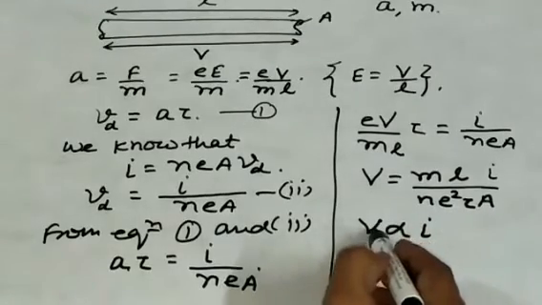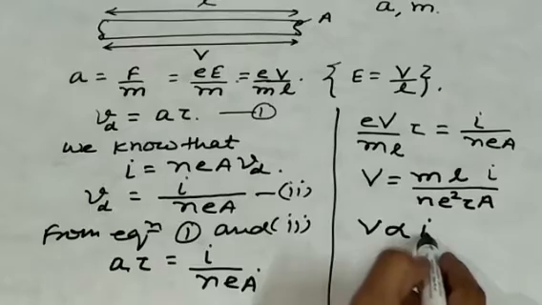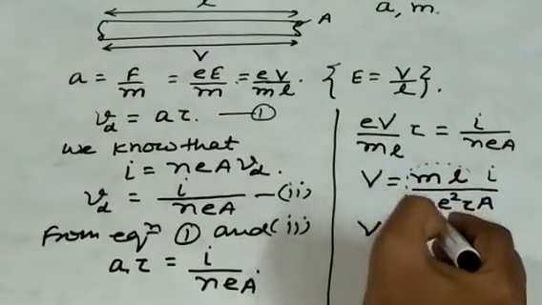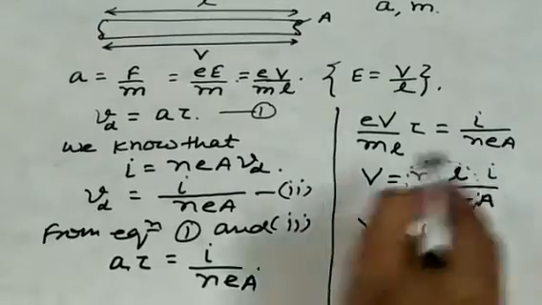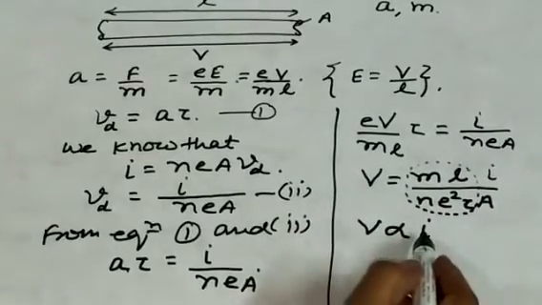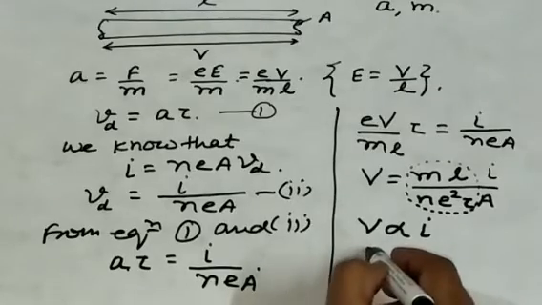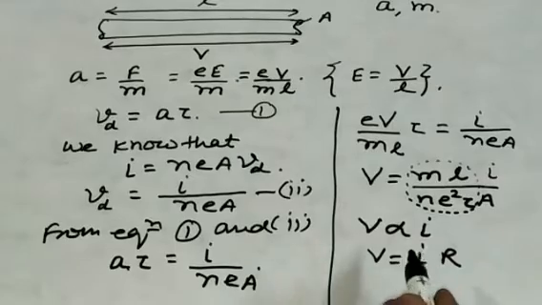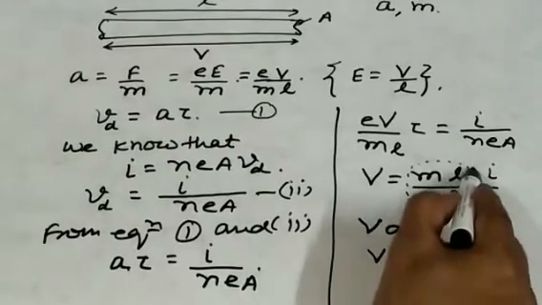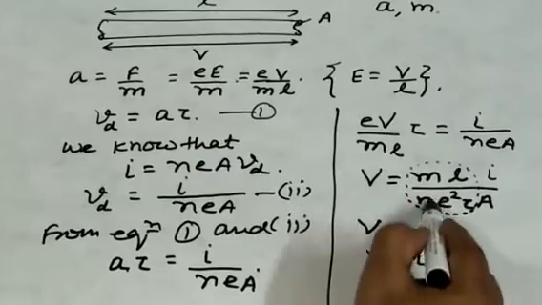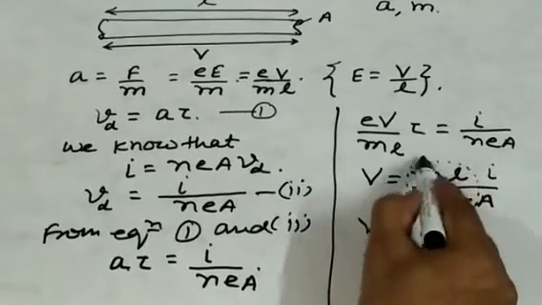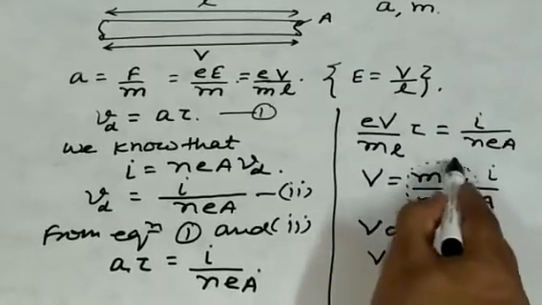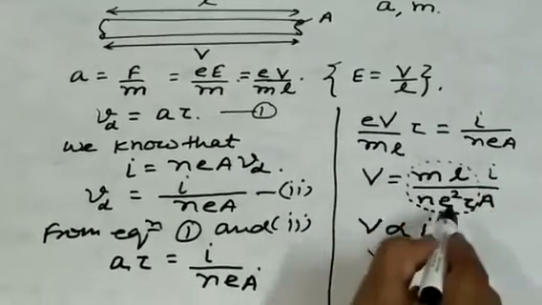So V is directly proportional to I. According to Ohm's law, when V is directly proportional to I, then on comparing, and also we know V is equal to I into R by Ohm's law, this term mL upon n e square A tau is a constant for a given conductor at constant temperature, and this whole term is called the resistance of this conductor.